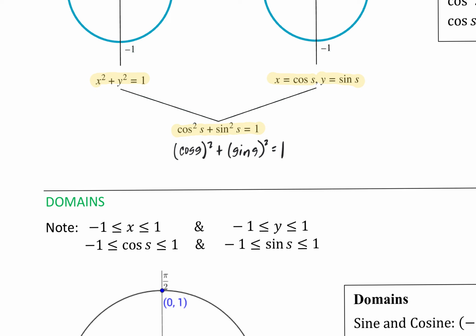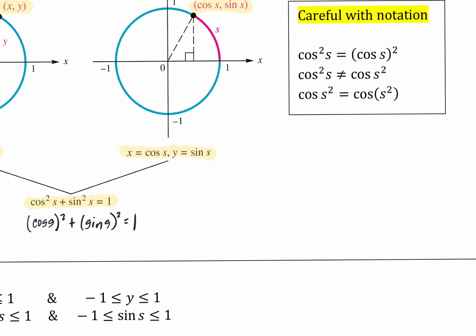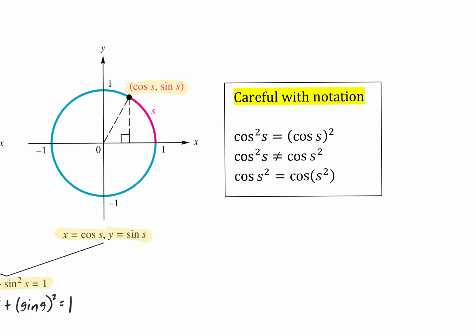And since we get lazy, again, mathematicians are lazy, that's why we create symbols so we don't have to write a bunch of words. And if you get lazy and you don't want to keep writing those parentheses, then you would have to put the exponent in between the function and the argument as we see above. So again, these are saying the exact same thing. In this box that we have here, just be careful with notation.